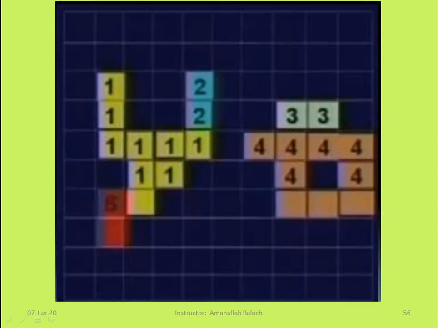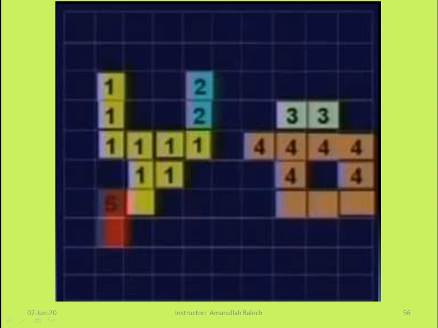Onward we can see this pixel is not connected to any other pixels, upward, downward, left or right, so the label of this pixel is 5. Now this is 5, and later on it will become 1.